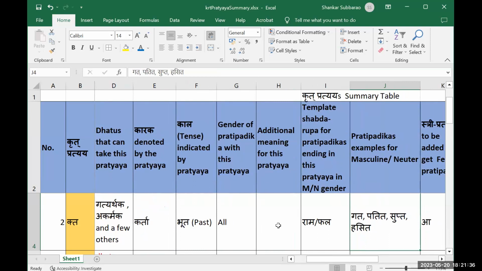Okay. So now, if this is the gata you're looking at, then what will it denote? The karta. Ramaha Lanka Nagarim Gataha. Ramaha. Yes, Bhuma, you have a question? Your hand is up.